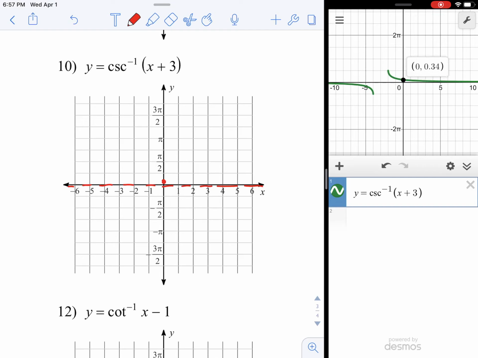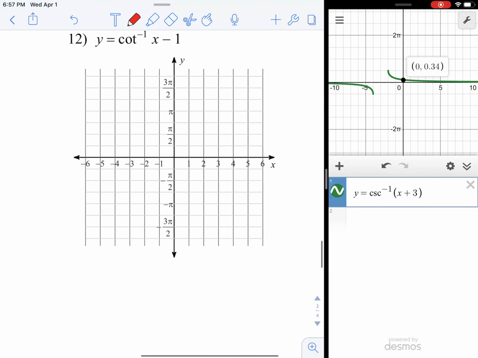Negative 2 comma pi over 2. And then this point is negative 4, negative pi over 2. So I get sort of half of a somewhat parabolic shape here, and another one right there. And that's it. So use your screen, tap and run your finger along it to come up with these coordinates, the way that works. And just try to get as accurate a graph as you can.